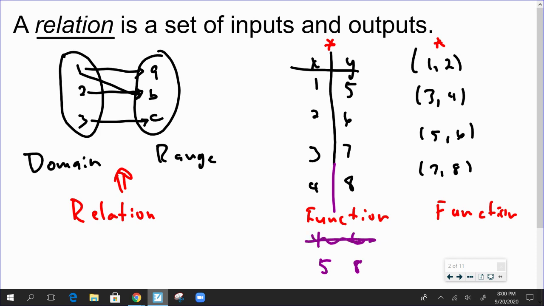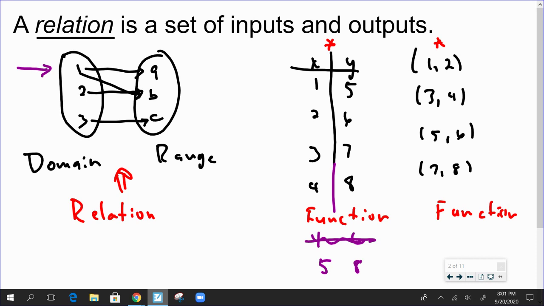So let me cross that one off. But 5, 8 will work because notice every x goes to a y value. Now, I notice that these two both go to 8. That's fine. What can't happen is on this side, this number 1 goes to both a and b. That makes it not a function. It makes it just a relation.